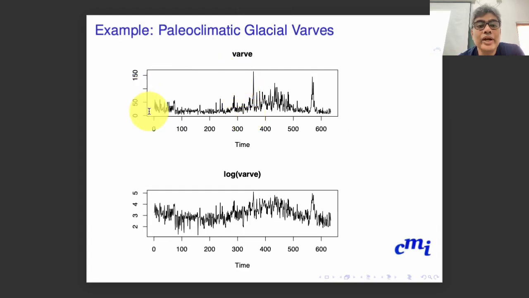If you look into this varve series, initially there was not much, but then there were sudden jumps in some of the years. Now if you take the log transformation, you can see that the volatility now has a defined band.